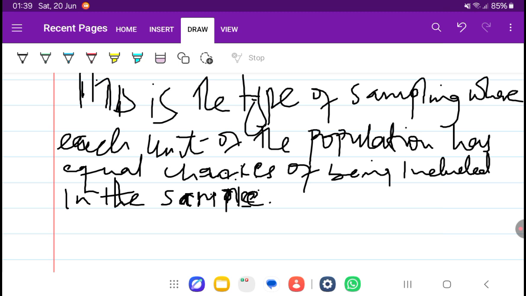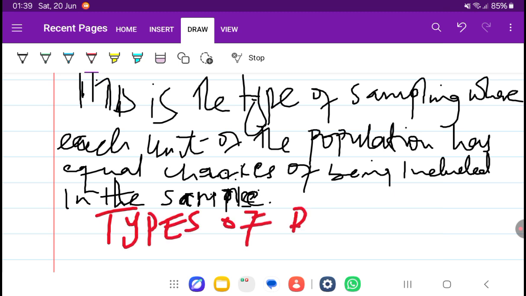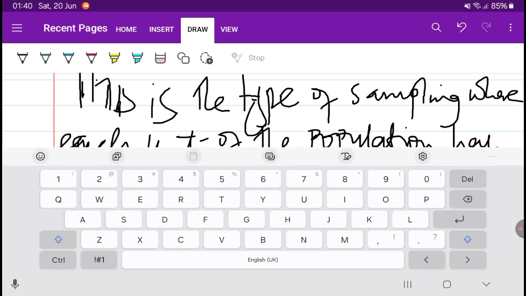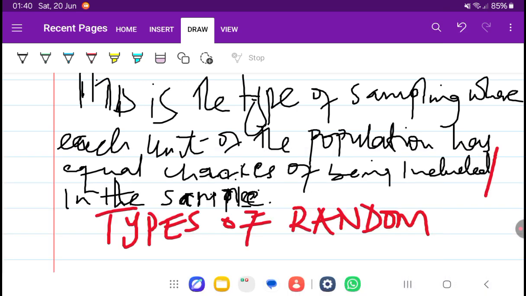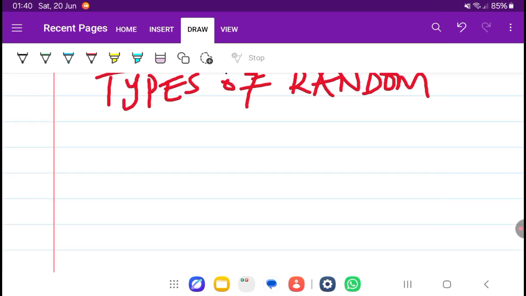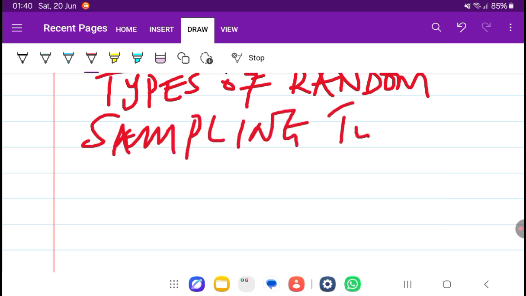So let's start off by looking at the categories of all the types of random, or what we call the probability, sampling techniques.